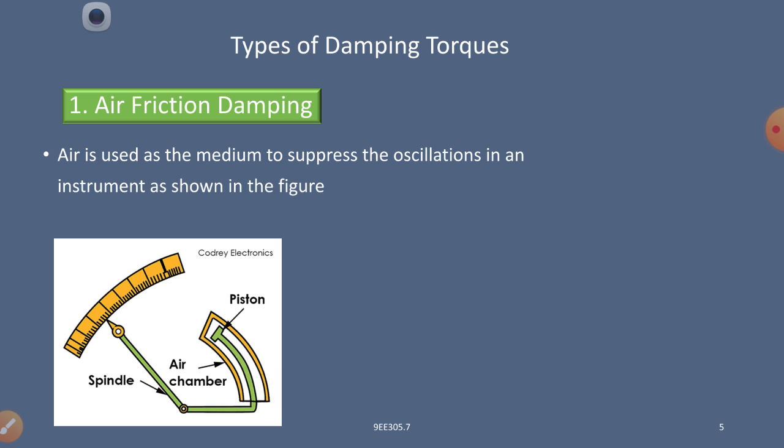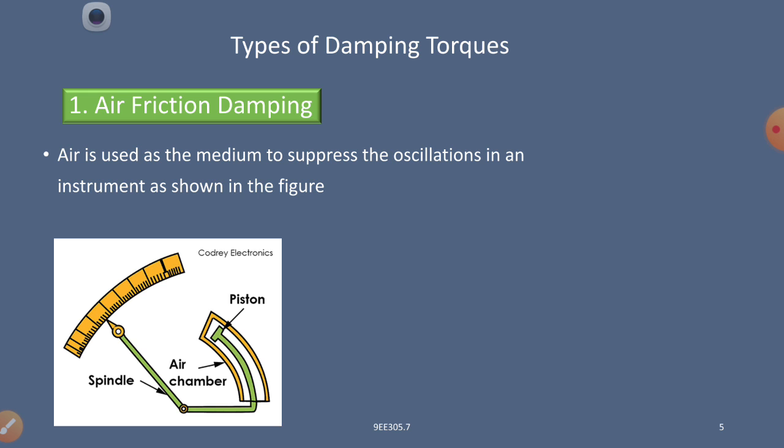The piston in the air chamber doesn't allow it to oscillate at the final position, because a suction is created. The suction doesn't allow the piston to move freely, so the oscillations are nullified at the final position.